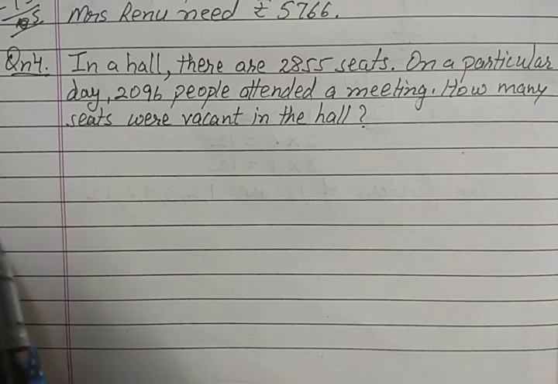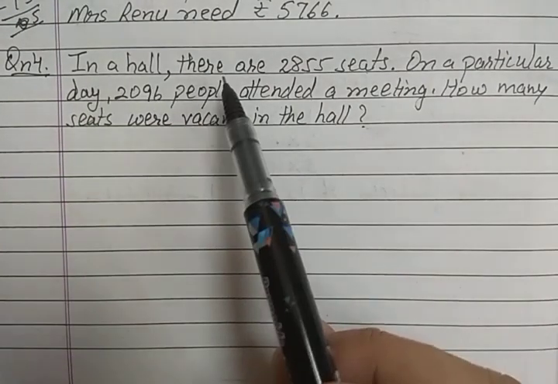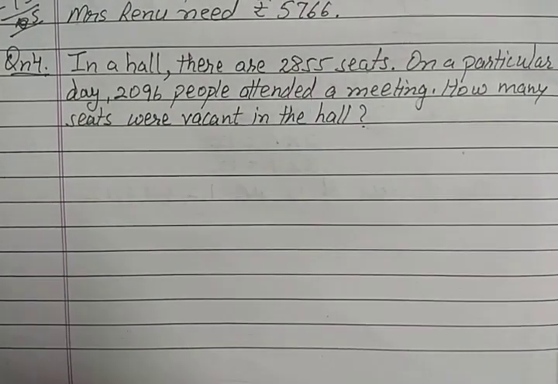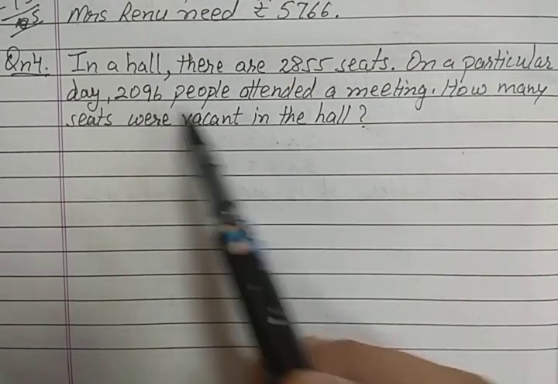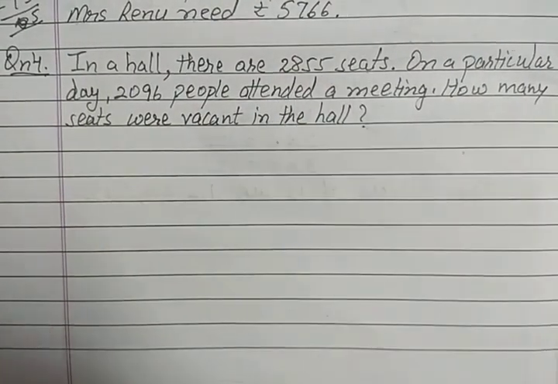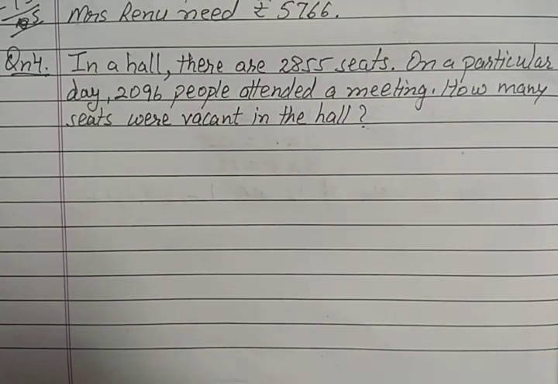Now here the question is, in a hall there are 2855 seats. On a particular day 2096 people attended a meeting. In a hall, एक हॉल में 2855 सीट्स थी, that means total seats in the hall were 2855.